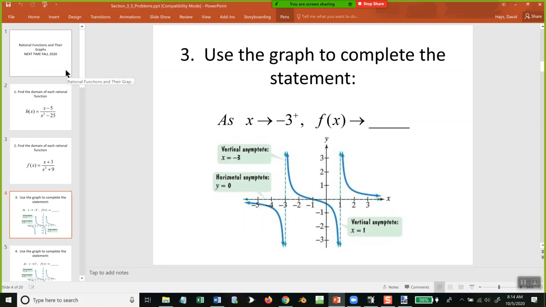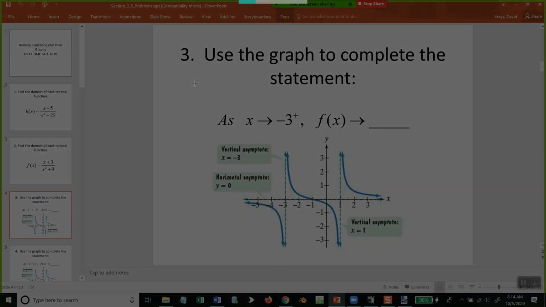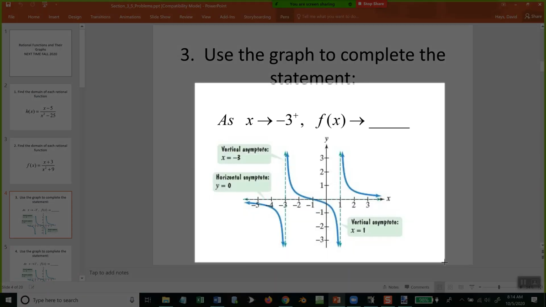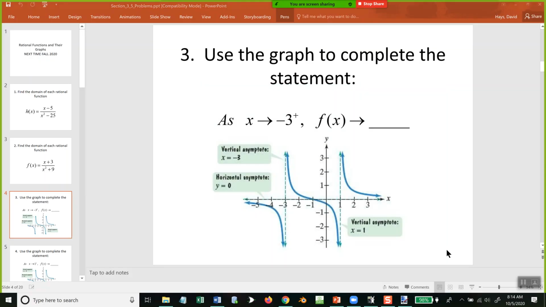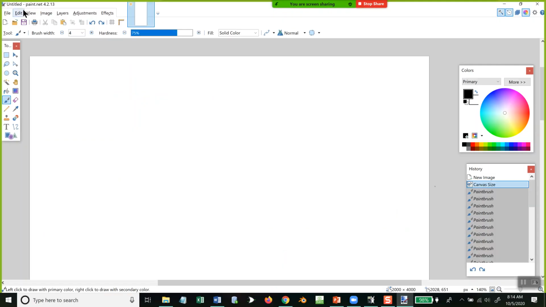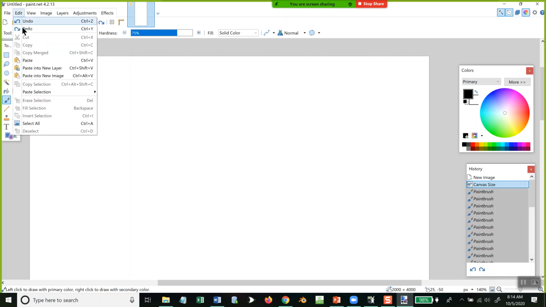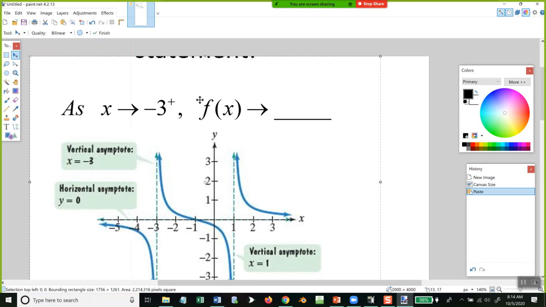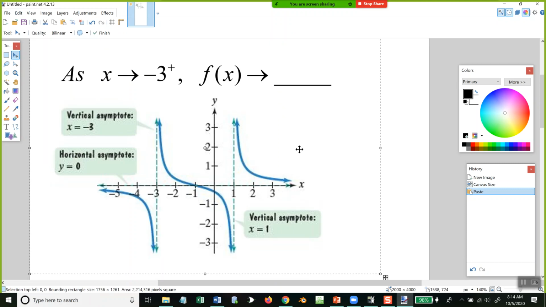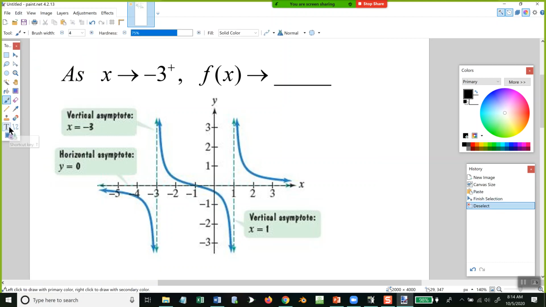Now, first problem here, we got this notation here.